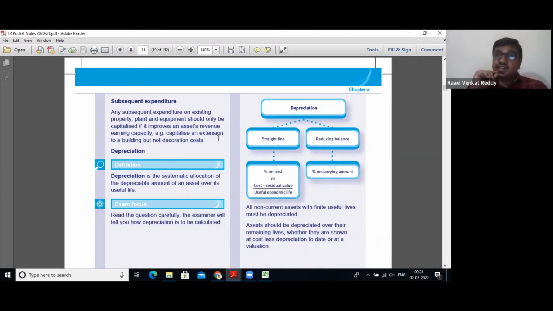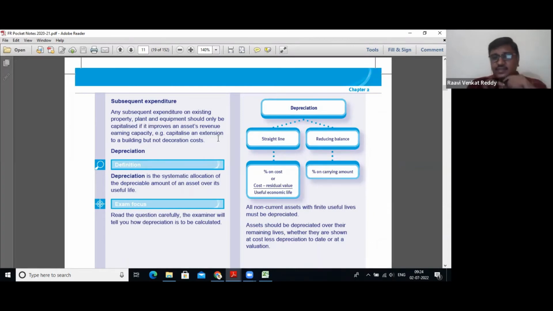The asset can be used after that useful life also, but useful life is related to the economic benefit. If you purchase an asset, how many years can the asset generate economic benefit to your entity? That is known as the useful life of an asset, not the production capacity.